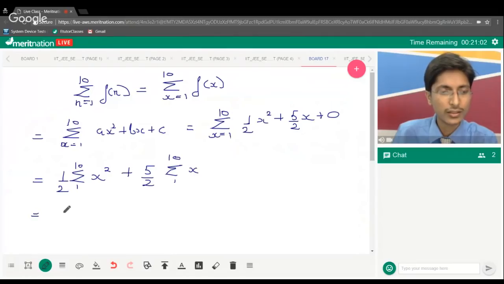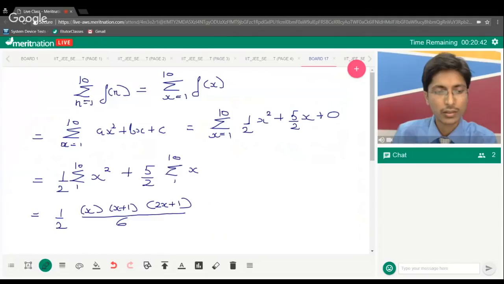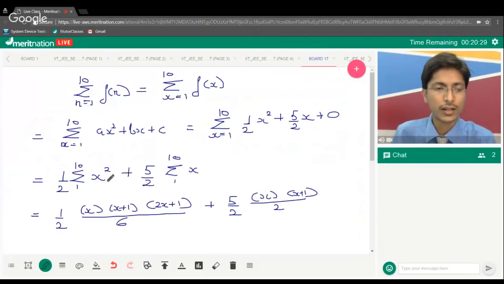So this will be 1 by 2 into summation of, practically if I write directly the formula, x into x plus 1 into 2x plus 1 upon 6 plus 5 by 2 into x into x plus 1 by 2. Now, in order to find, I have to just plug in the values of x as 10.